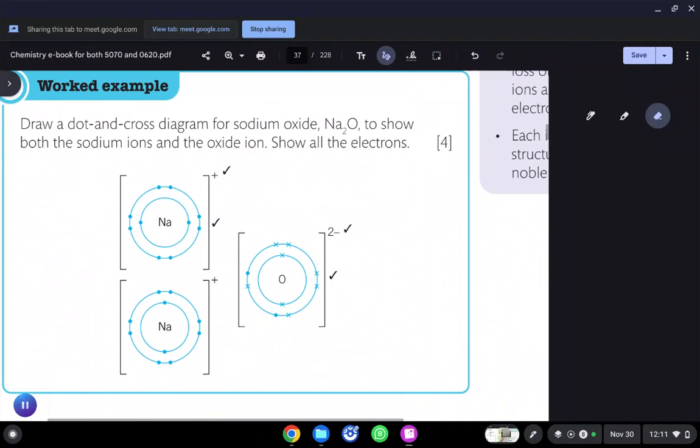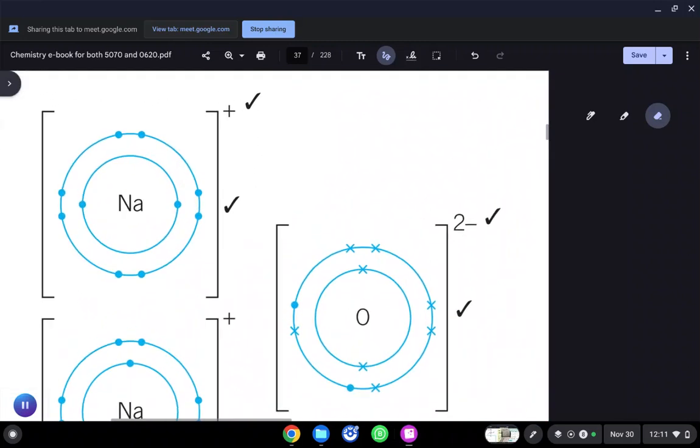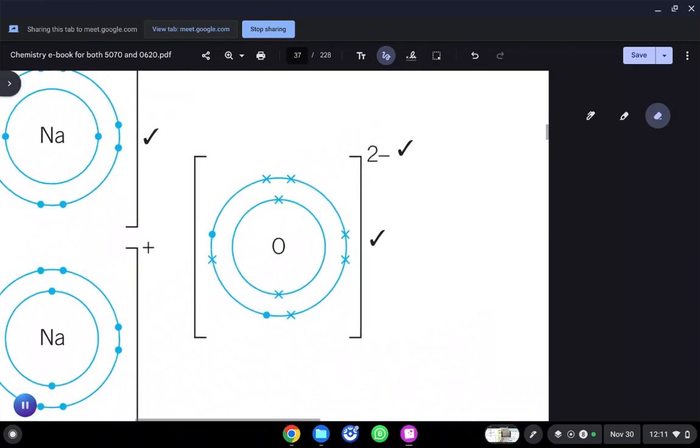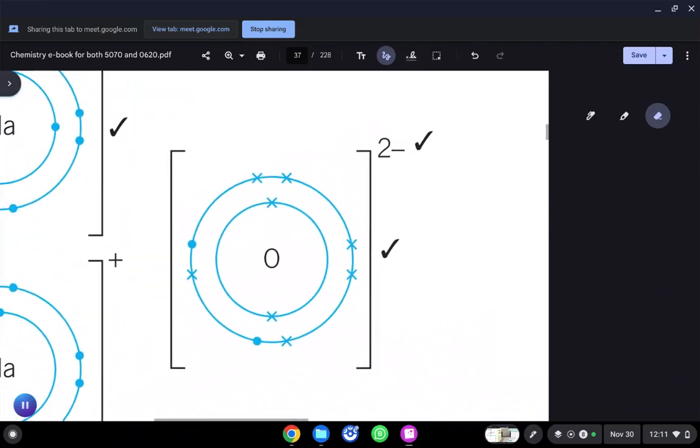Oxygen, as you know, belongs to group number 6, so it needs two more electrons to complete its octet. One sodium cannot fulfill this requirement. So two sodiums will come at a time and give one electron each to the oxygen. The point to be noted is that we represent the electrons from sodium as dots, and crosses for oxygen.